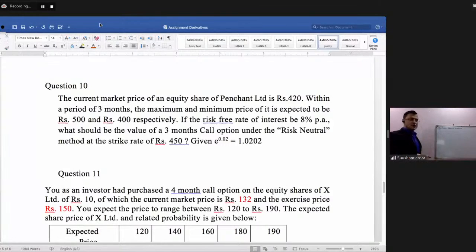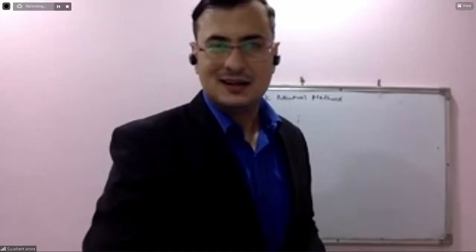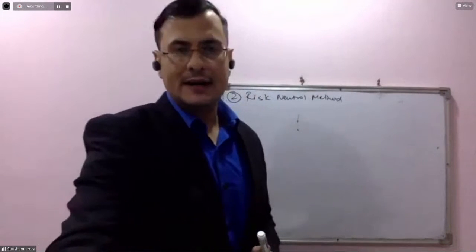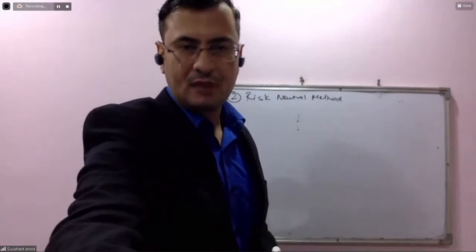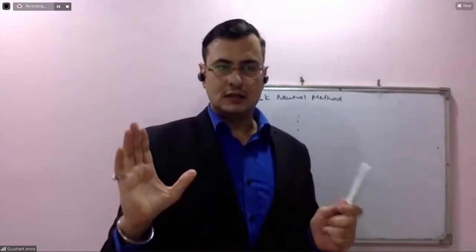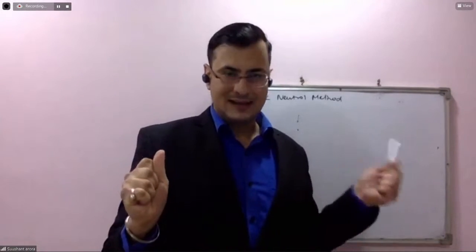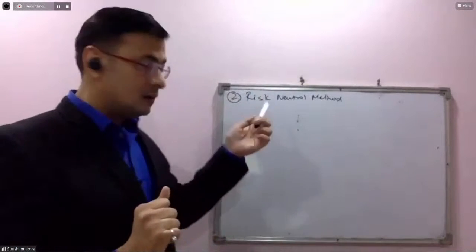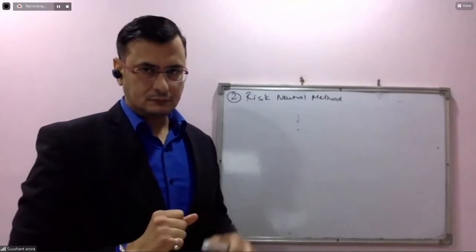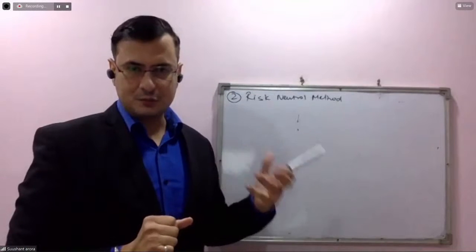Let me first stop sharing, otherwise how would you understand? So instead of using that same formula, we are going to have a formula like this. How will the question proceed?